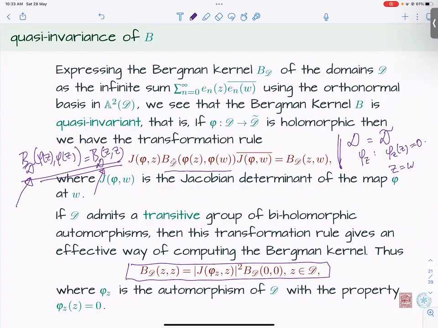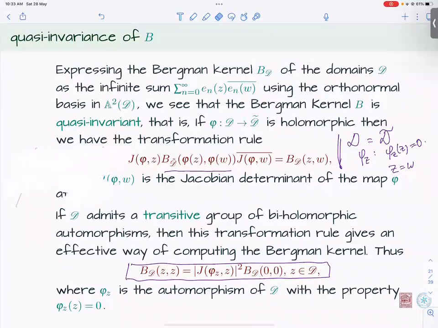So this way you would be able to decide whether two domains are biholomorphically equivalent or not. Bergman himself apparently was very depressed and unhappy when he found that the Bergman kernel, instead of being a complete invariant, is only what I have called quasi-invariant. Quasi-invariant meaning it's not quite an invariant object, but it's very close to being invariant.